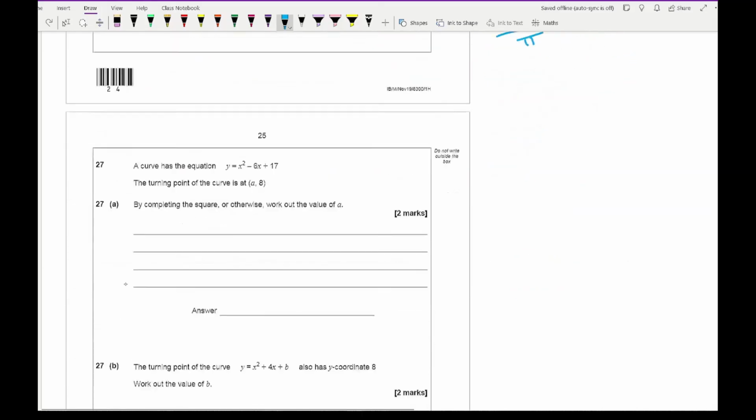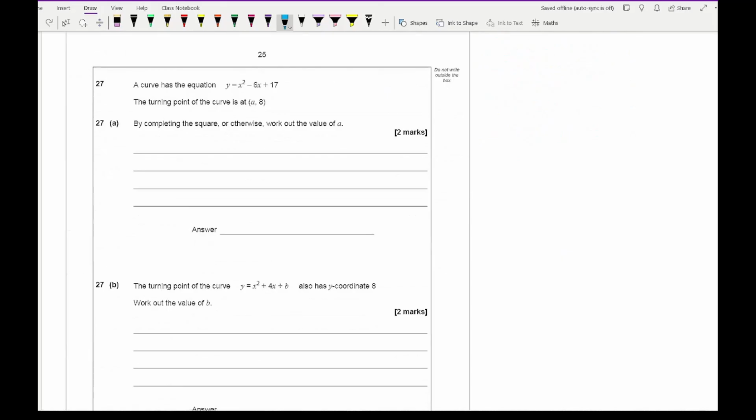Now looking at question 27, it says that a curve has the equation y equals x squared minus 6x plus 17. The turning point of the curve is at (a, 8). By completing the square, or otherwise, work out the value of a. For this, we need to use completing the square.